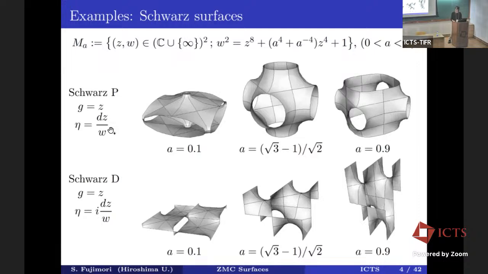Then we have the Schwarz P surface, which appeared in many talks in this conference. But here we have a one-parameter family of Schwarz P surfaces. If A is this value, square root 3 minus 1 over square root 2, which is almost 0.52, then this is the most symmetric case.